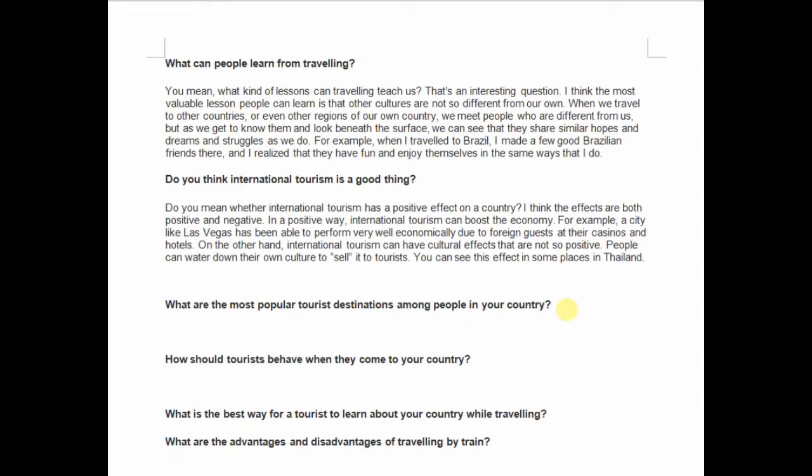Now, let's move on here. What are the most popular tourist destinations among people in your country? Okay, let's hesitate for a minute here. Let's see. And let's not rephrase the question on this one because we did it twice in a row there. But instead, let's use a concession, since we haven't done one yet.